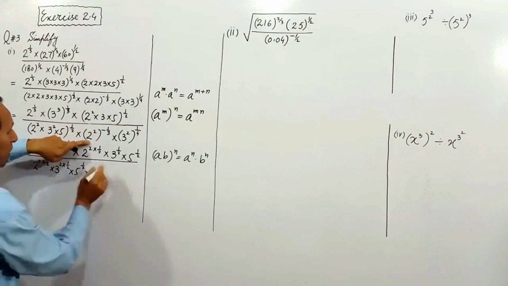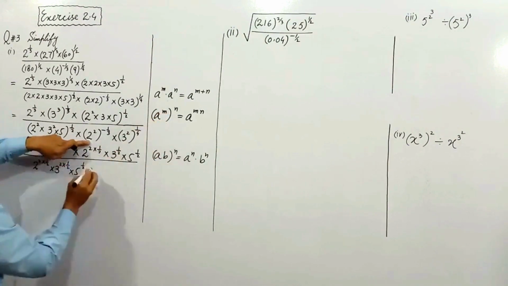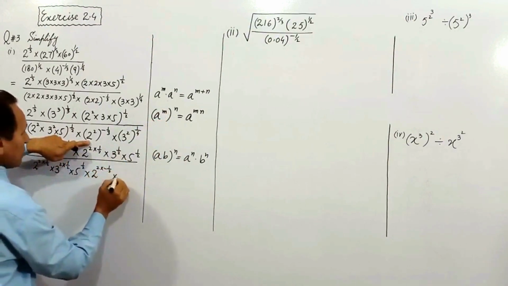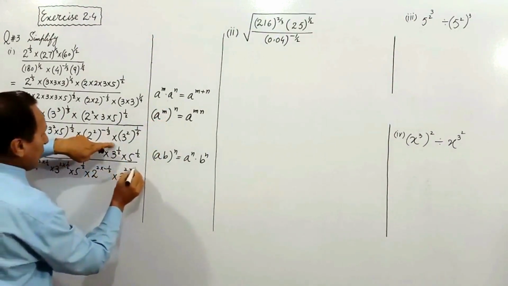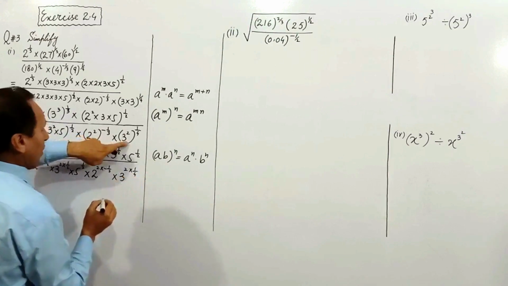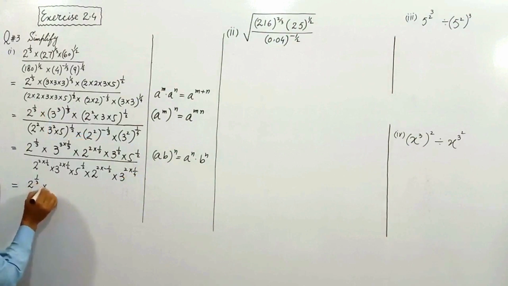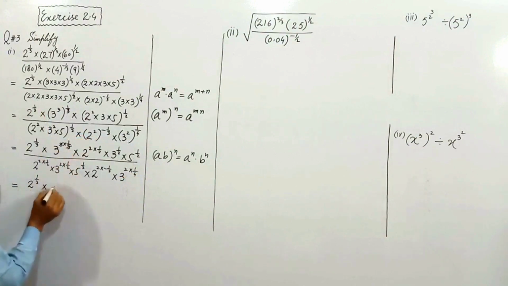Applying law of power, which is discussed over here. 2 raised to power 2 multiply minus 1 by 3, 3 raised to power 2 multiply 1 by 4. We apply law of power. 2 raised to power 1 over 3, 3 cancel by 3 as they are reciprocal of each other.